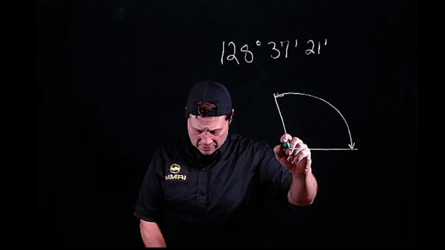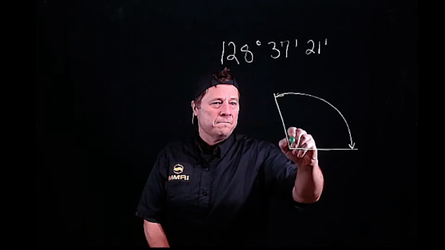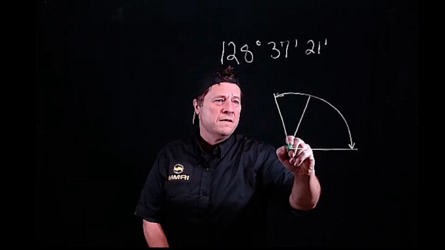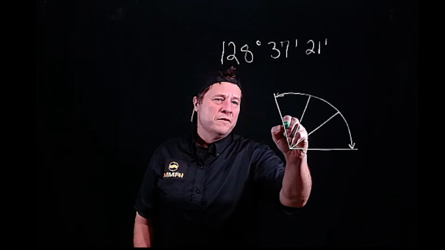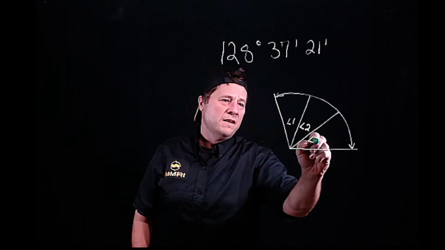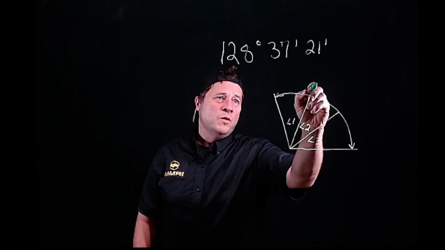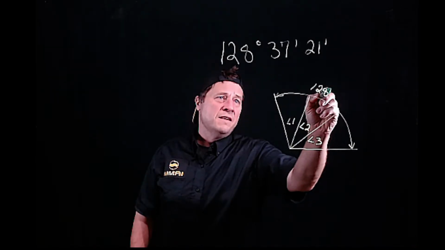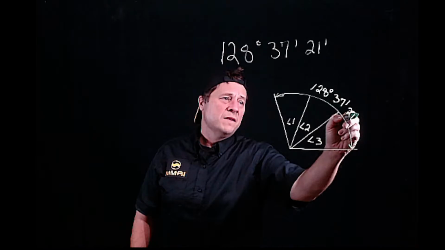Okay. And I have three equal angles, right? We'll call this angle 1, angle 2, and angle 3. This is 128, 37, 21.